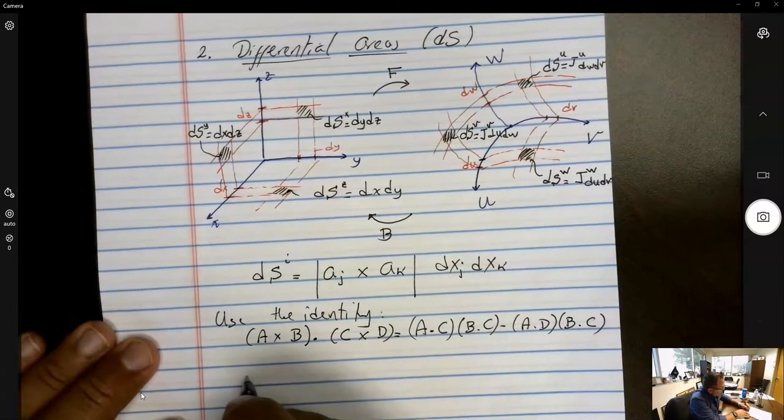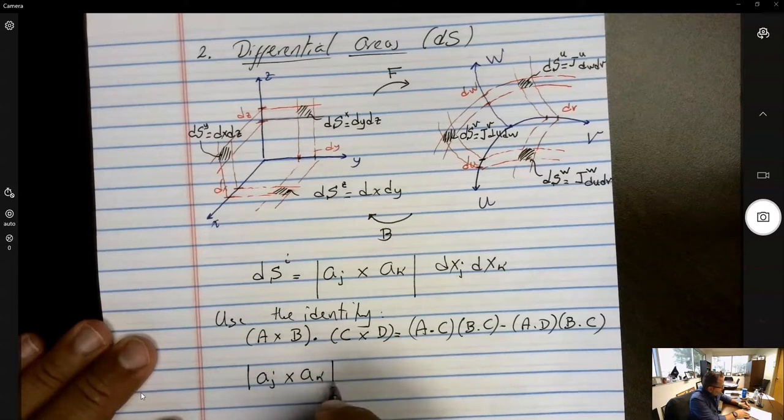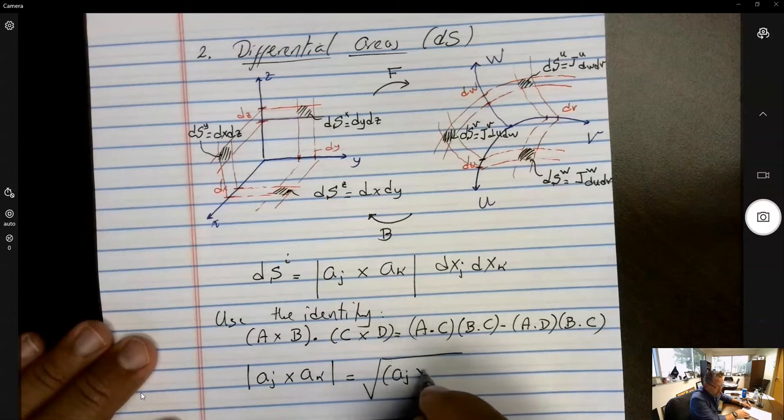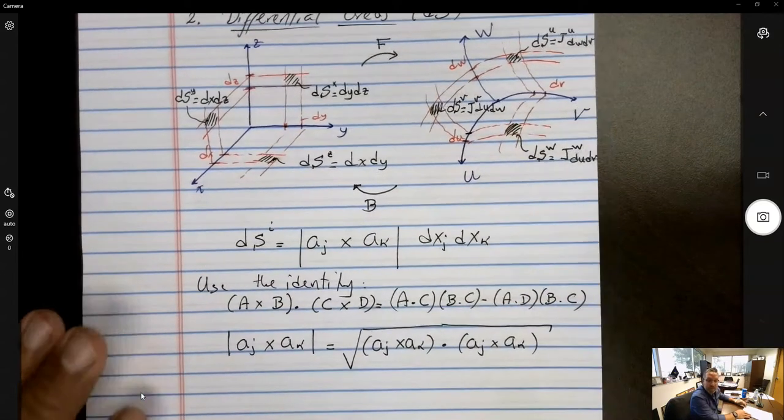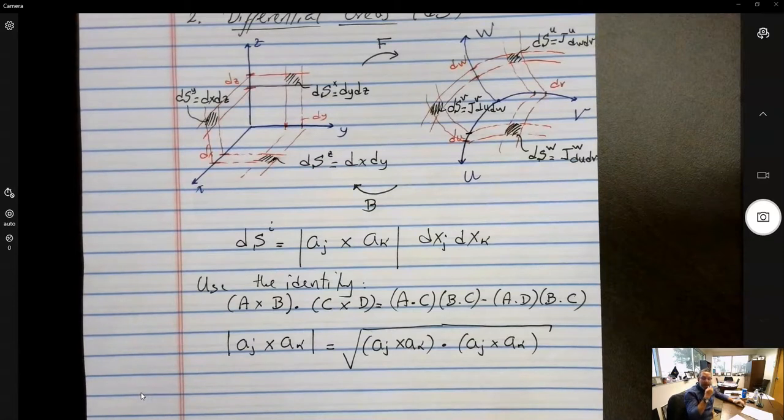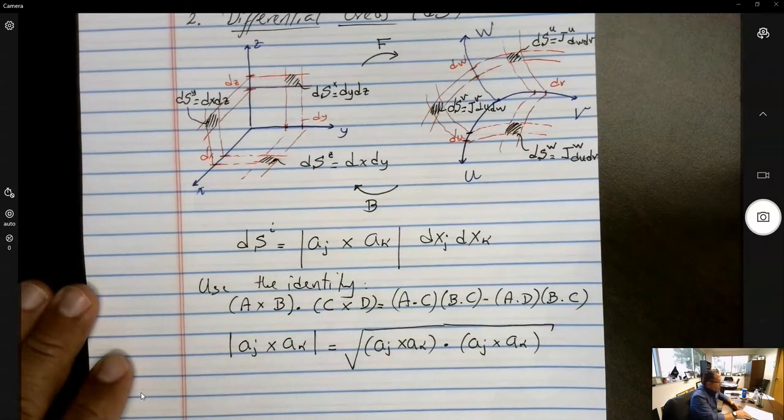So we can express the magnitude of AJ cross AK as the square root of AJ cross AK dotted into AJ cross AK. That's how we calculate the magnitude of the cross product between two vectors. It will just be that cross product times itself, square root of that.